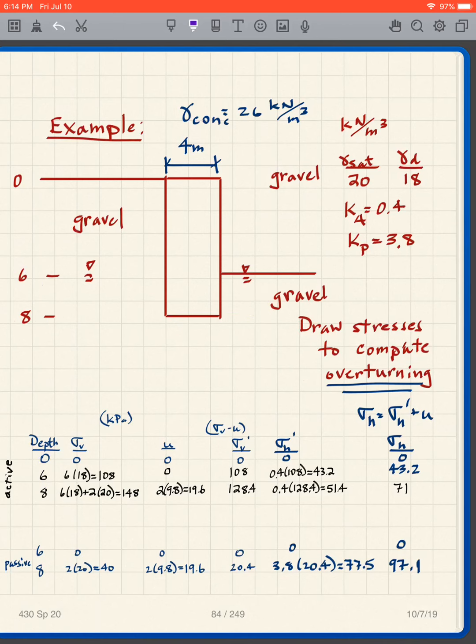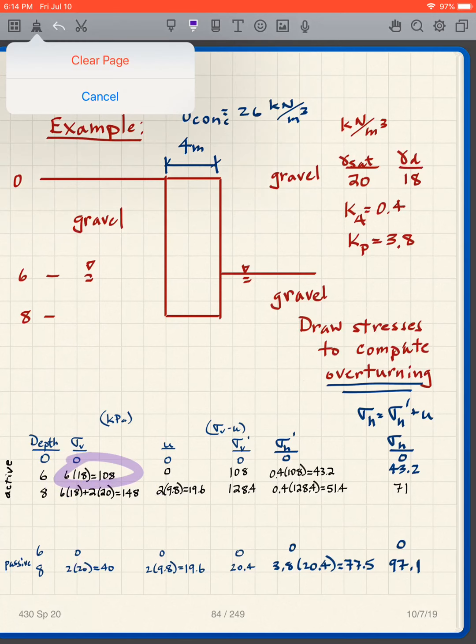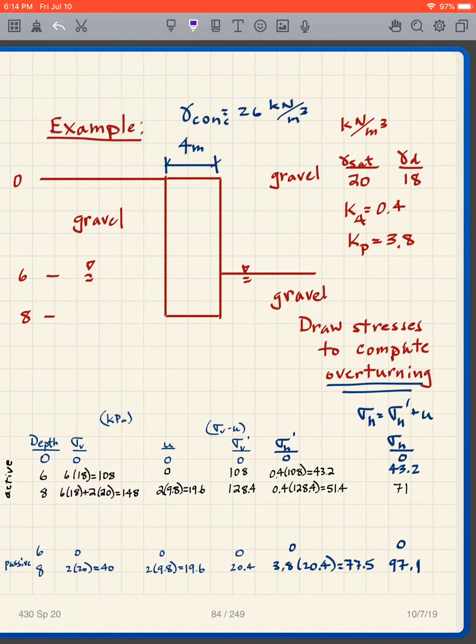And we do our sigma V's, 6 dry, then 6 dry plus 2 saturated. Over here I've got 2 saturated. The pore pressure is 0 except at the base of the wall. Sigma V minus U gives us this column.